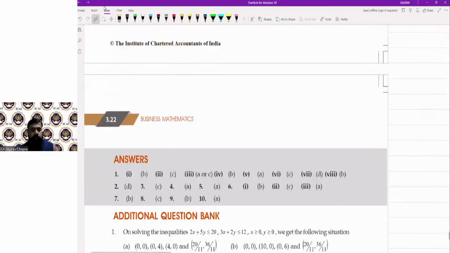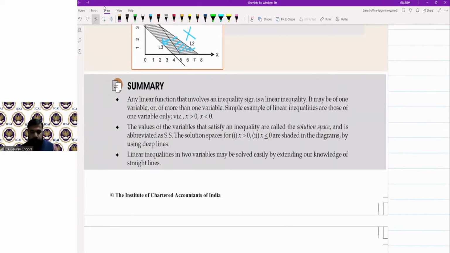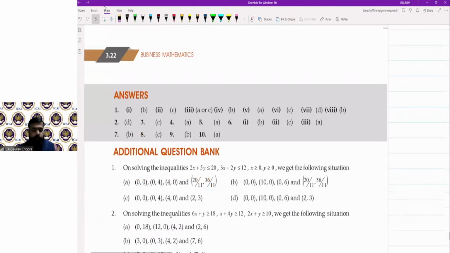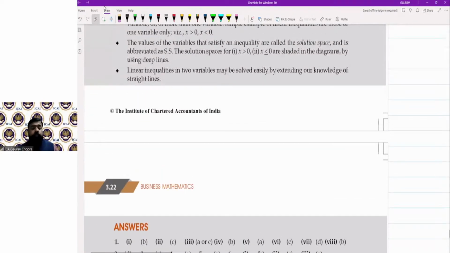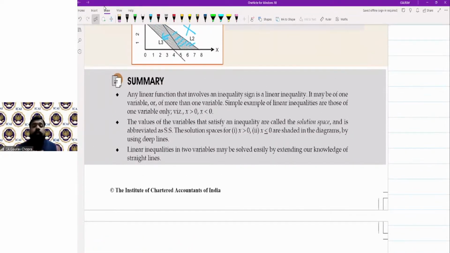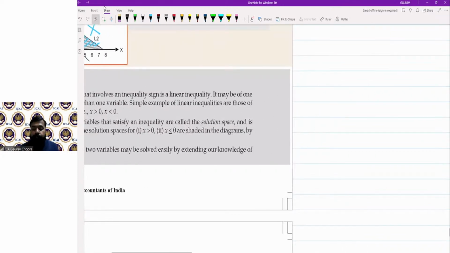So at last we can recall the points again. Before that, the next thing we will be doing is the next chapter, time value of money. Time value of money is the most important chapter of mathematics. The weightage for time value of money is 12 to 16 marks.